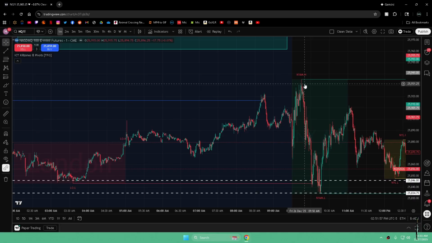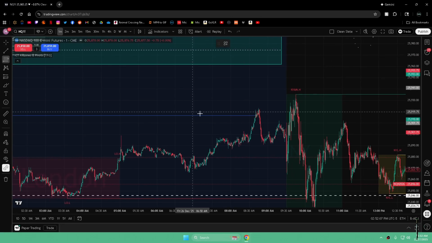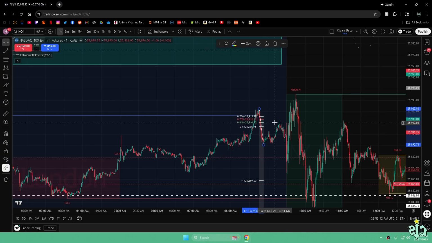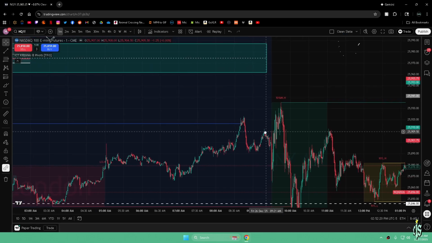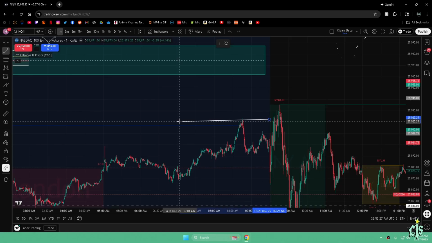So what I'm looking for is sells, right? So you just wait for this pullback, right? You could have probably got in these sells right here for this to target a midnight open if you wanted to. But I was waiting for it to take buy side, which was around here.